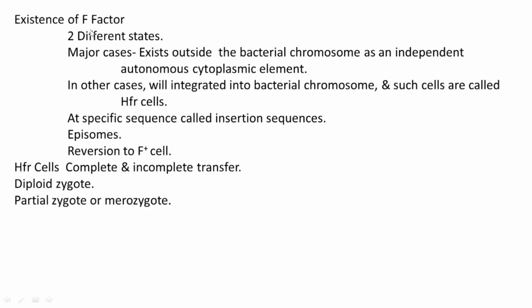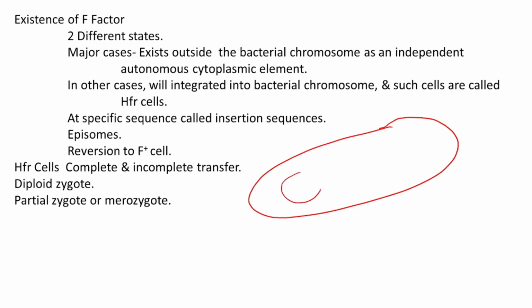Then I am going to explain some more points relating to this conjugation. That is, the F factor can exist in two different states. In the majority of cases, suppose this is the bacterial cell, this is the bacterial chromosome, and this is the F factor.